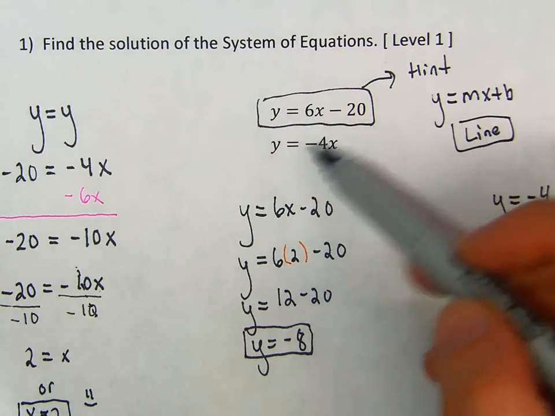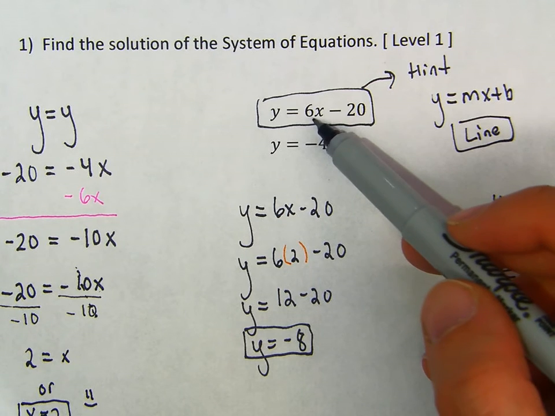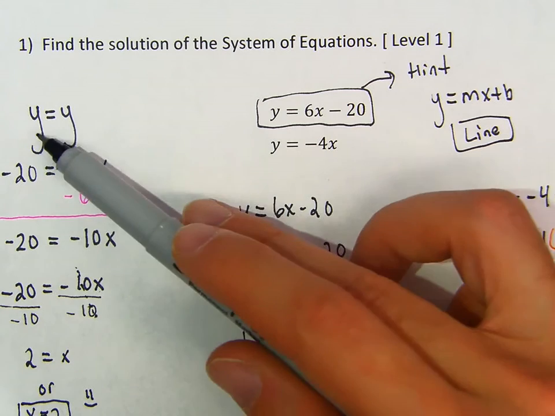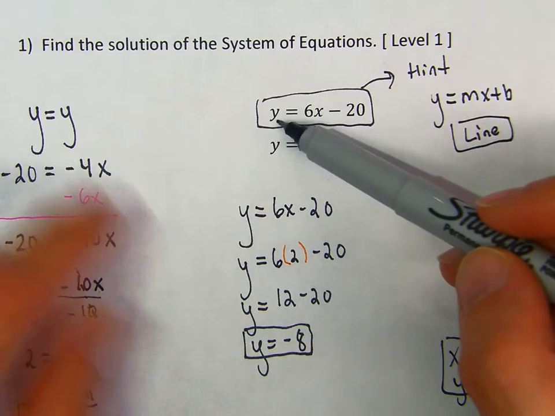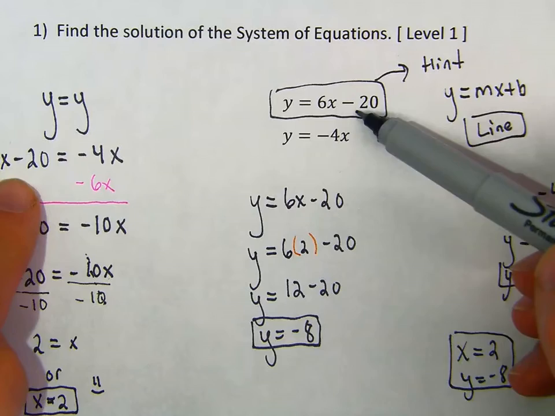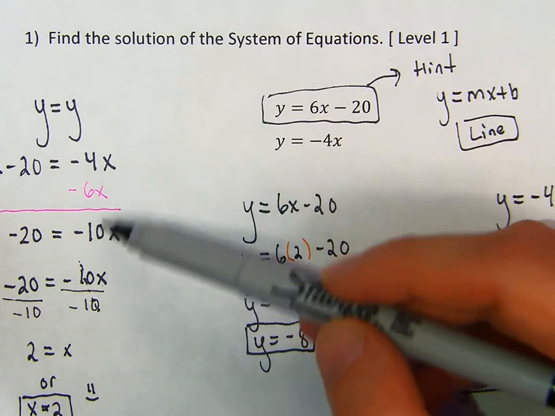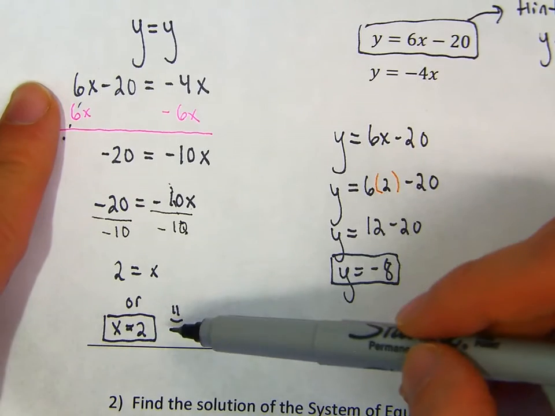Remember what your strategy is: you want to create an equation with just one variable. So if y equals y, you just change what this y is to this here, and this y to this here. Now this equation just has one variable, so you are able to solve it.